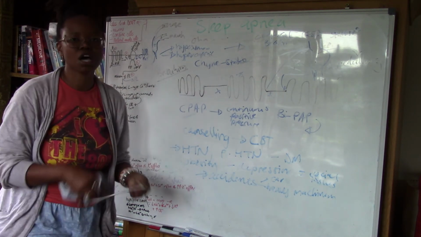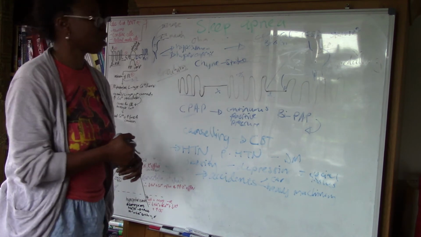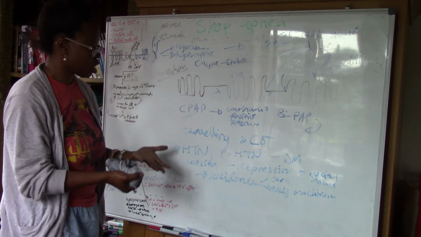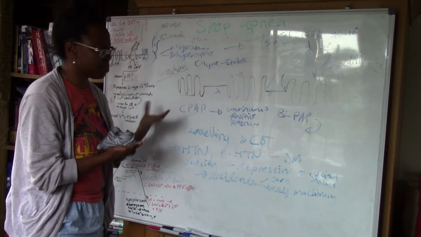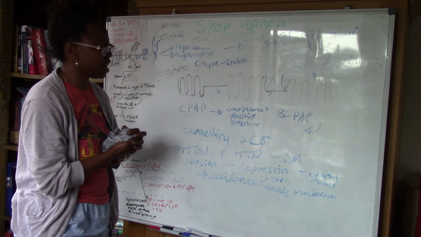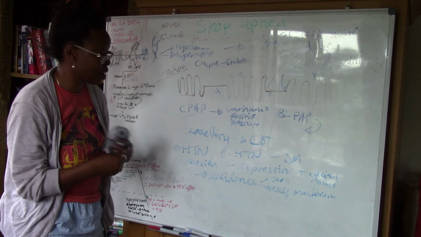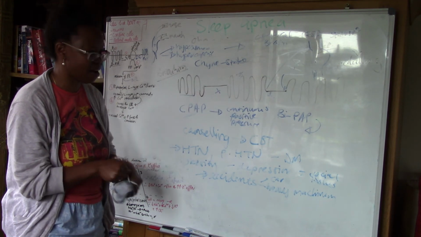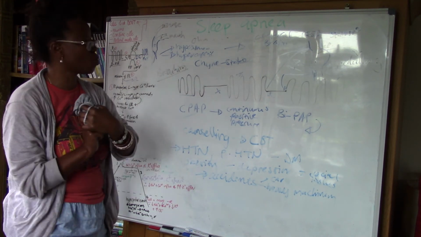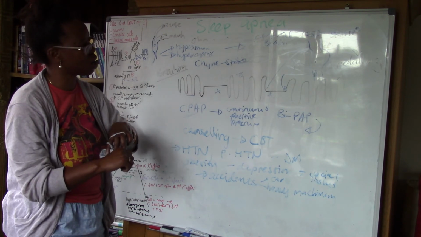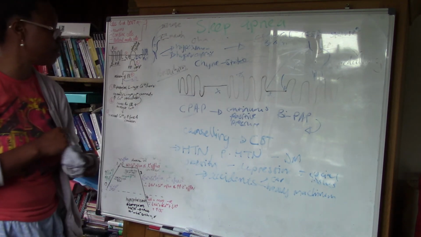I have also discussed how it's managed. Yep, I've done that. And I think that's it about sleep apnea. I hope I have not forgotten anything. If I have, when I review this recording, I will then cover whatever it is that I have missed out.